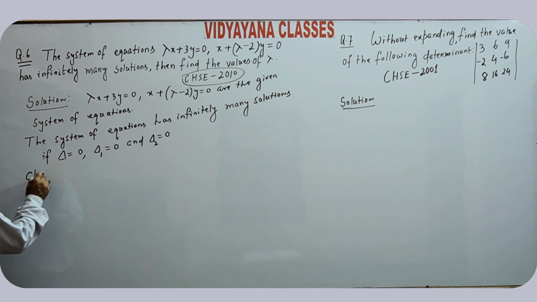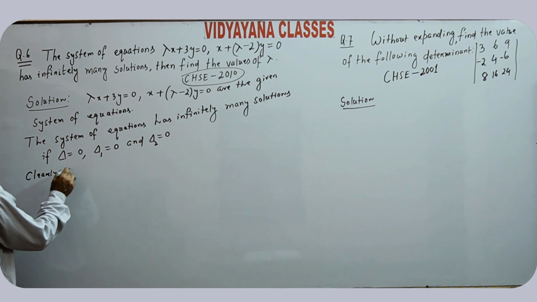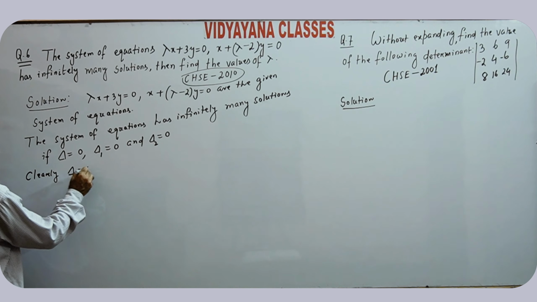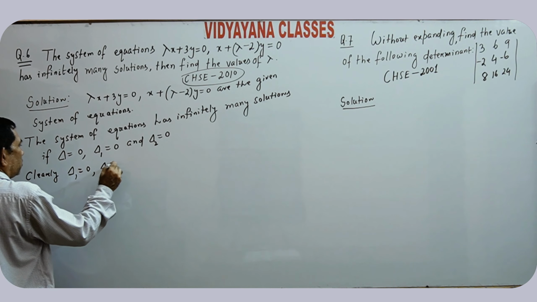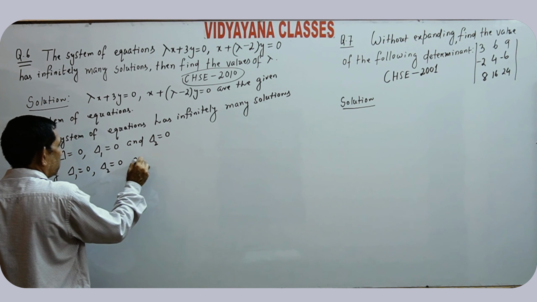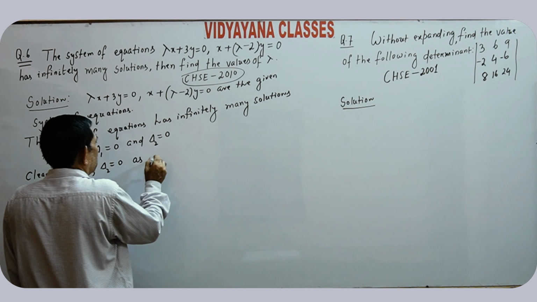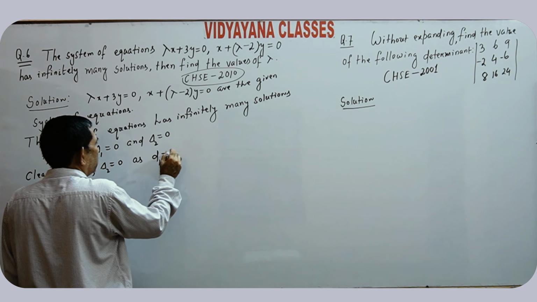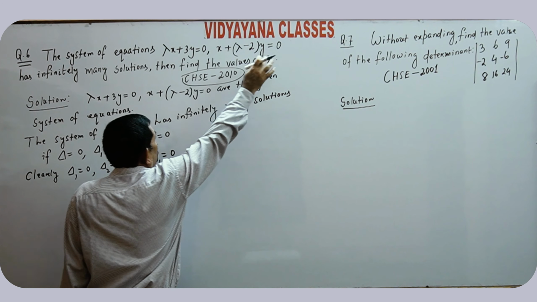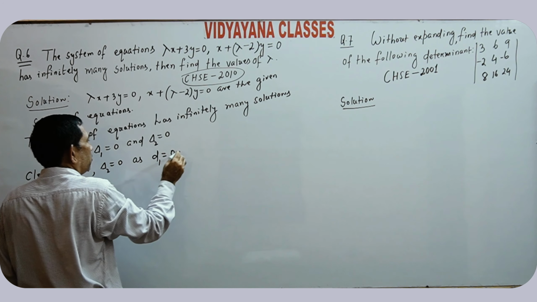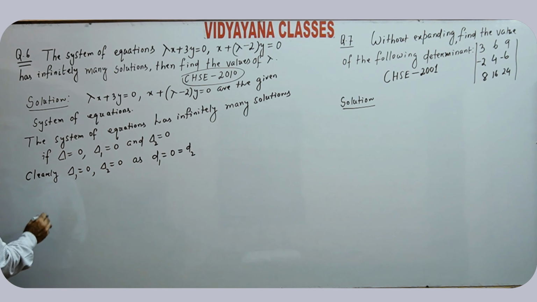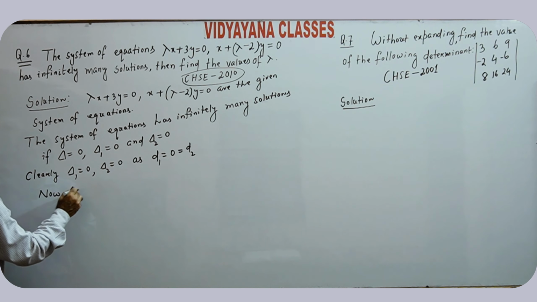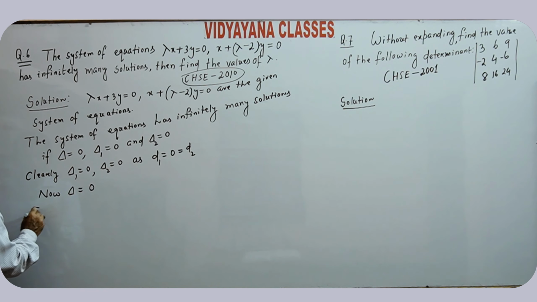Clearly, del 1 is equal to 0 and del 2 is equal to 0 as d1 is equal to 0 and d2 is equal to 0. Now, del is equal to 0 implies this.